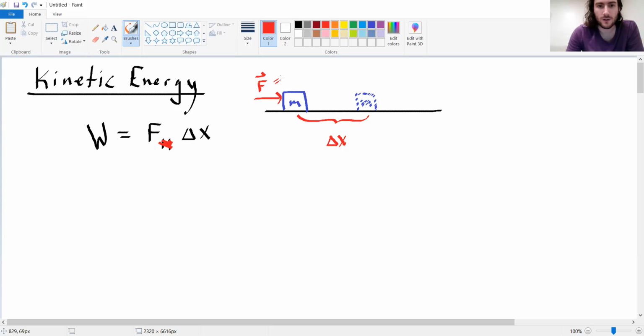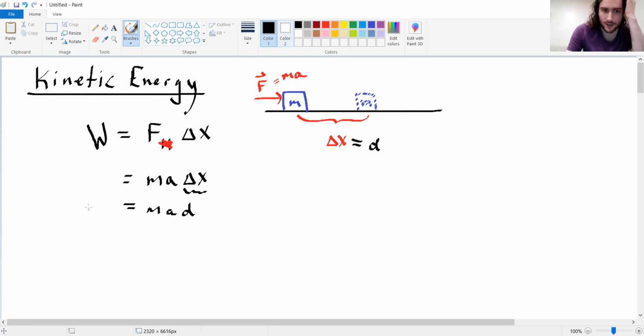So let's do that real quick. The force, replace it with ma, times delta X. Sometimes you may even see delta X replaced by D, so we'll replace delta X with D.